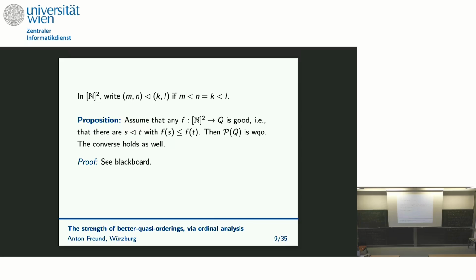And that would contradict the assumption that f is bad, because now, where do I put this? Maybe just in the last line down here. Sorry about this. Now, ij is triangle smaller than jk.